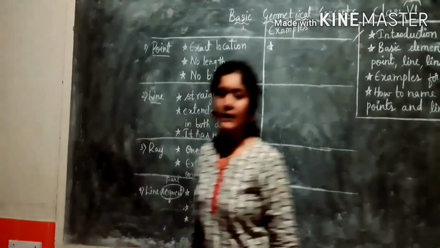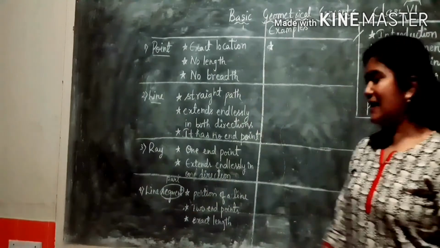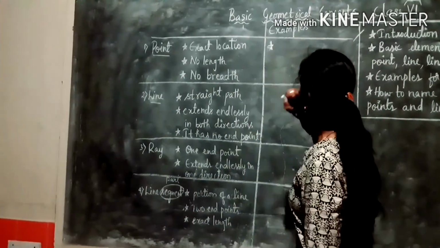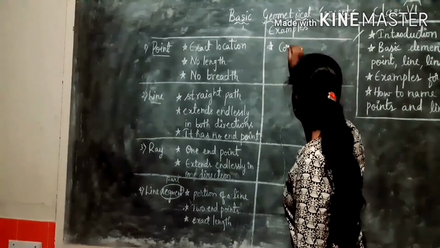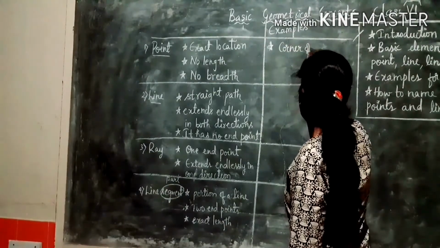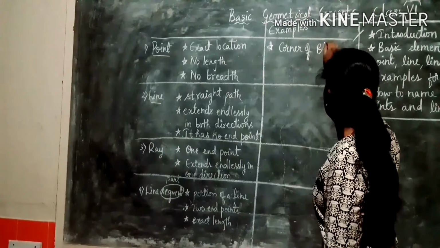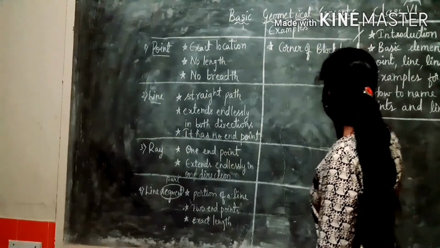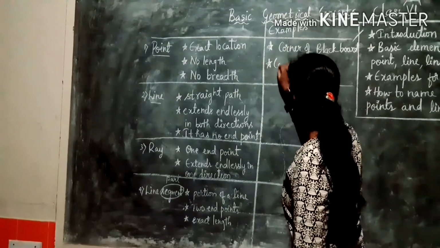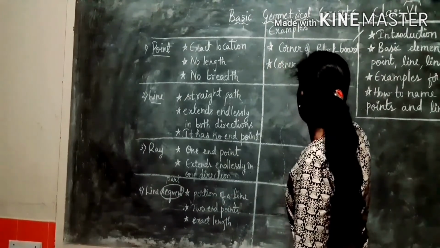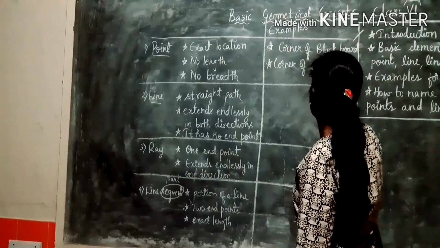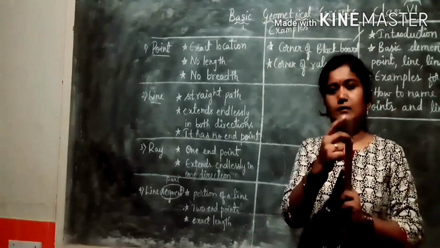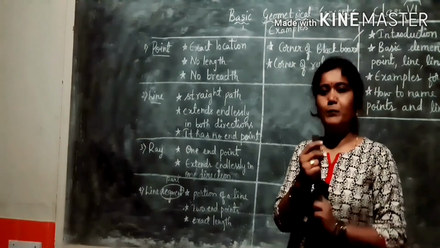The end of the corner of the blackboard can be considered as a point. So let me write the examples here. Corner of blackboard and corner of the ruler. You can also take the corner of the ruler, end of the ruler as a point.